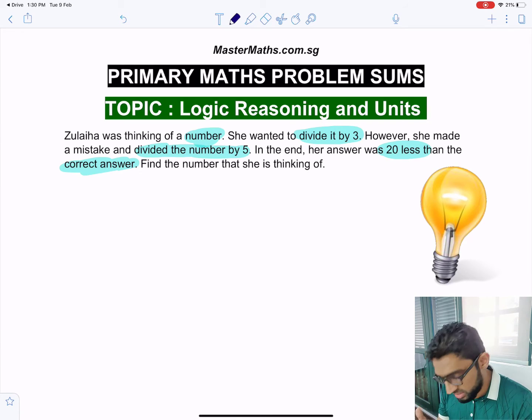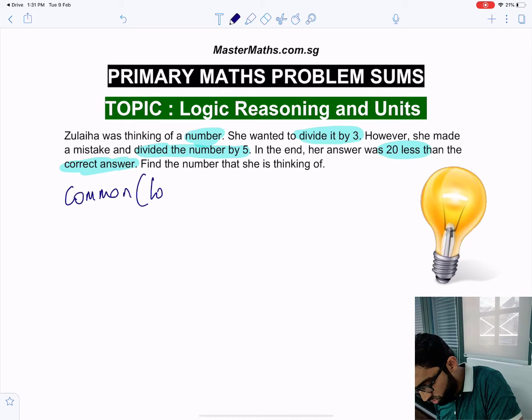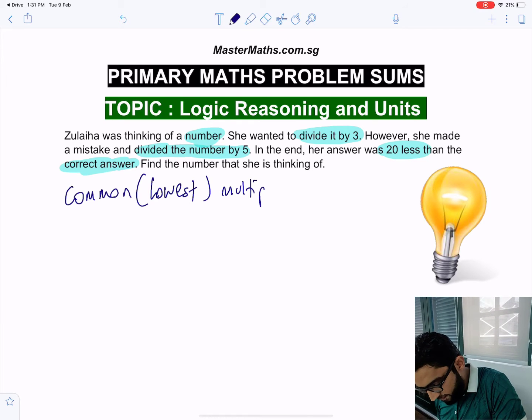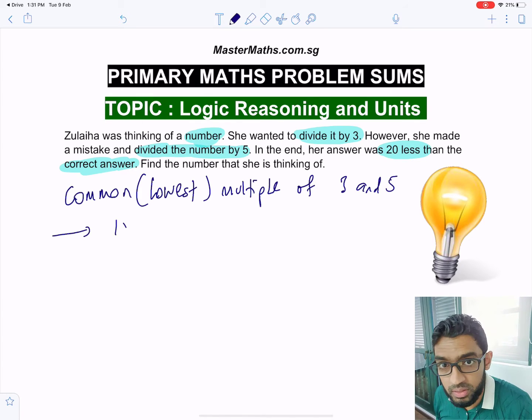And what is that? That is 15. You can put the lowest common multiple of 3 and 5. This one here is actually 15.